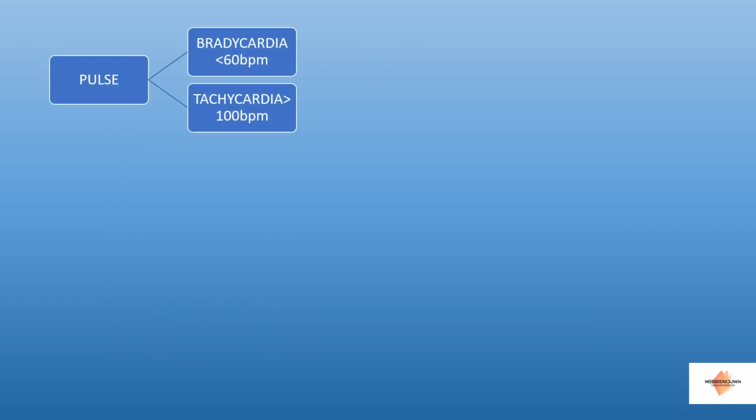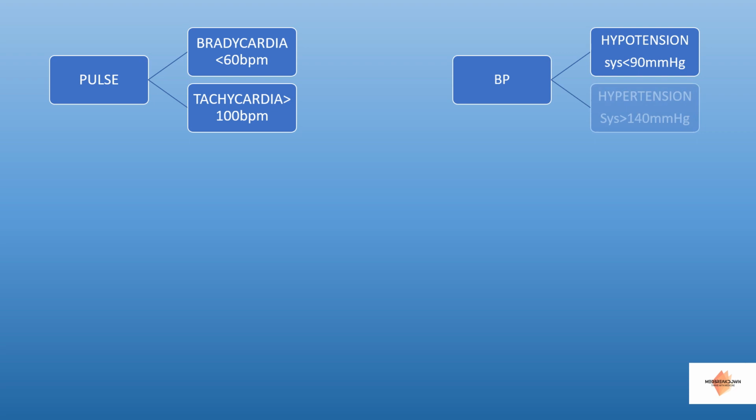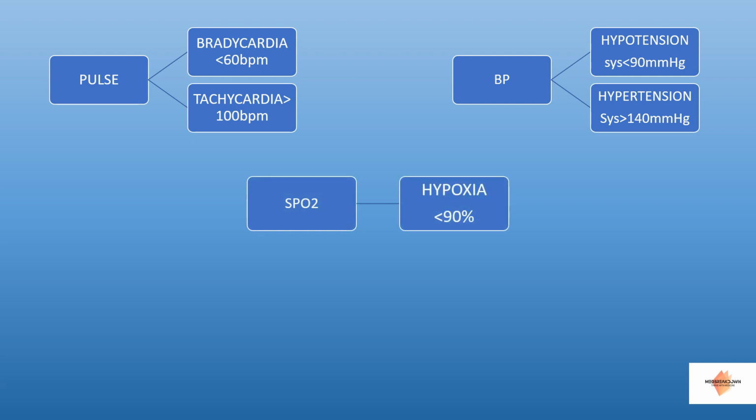Pulse less than 60 is bradycardia and more than 100 is tachycardia. BP systolic less than 90 mm of mercury is hypotensive and systolic more than 140 mm of mercury is considered hypertensive. Oxygen saturation less than 90% is considered hypoxia.